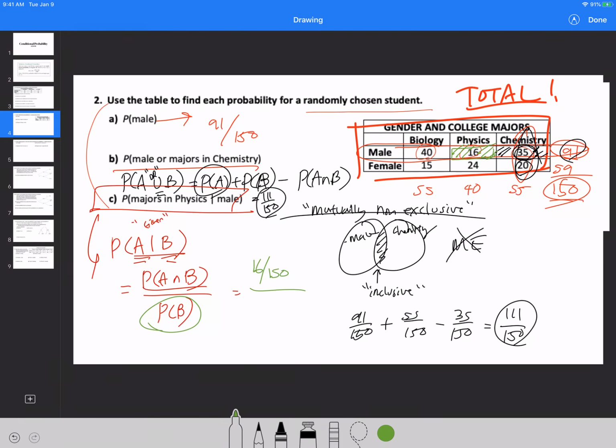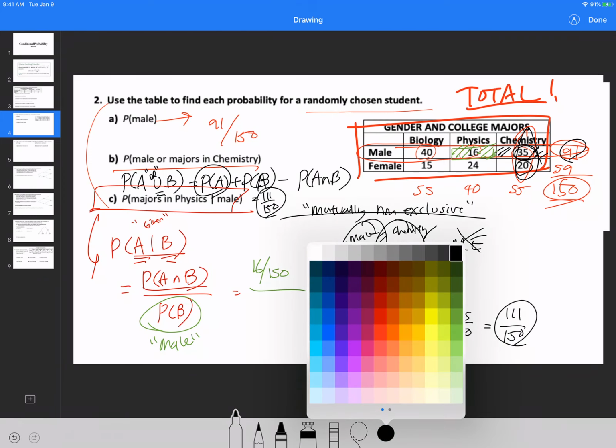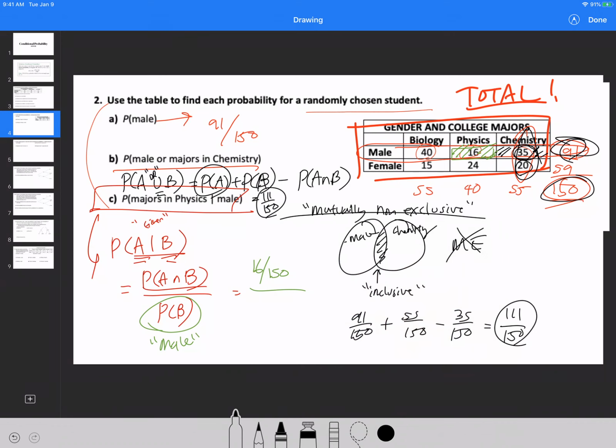Now the probability of B is the probability of just male, which is 91 out of 150, your answer from part A, as we have already found. The 150s cancel each other out, so your final answer is 16 out of 91. Hope you had those three answers on your homework. And that's it for the conditional probability homework from last time.